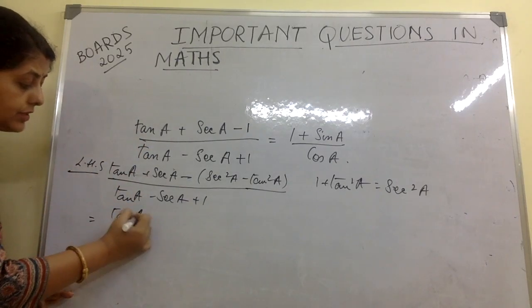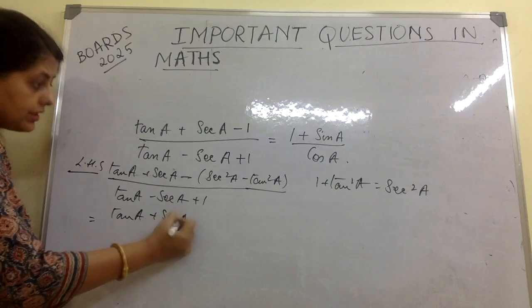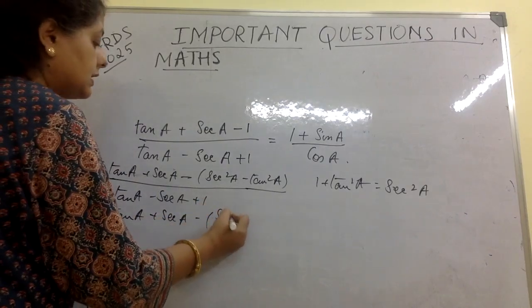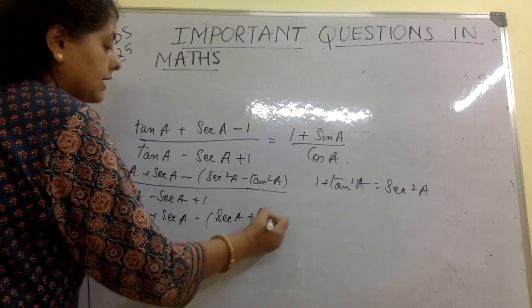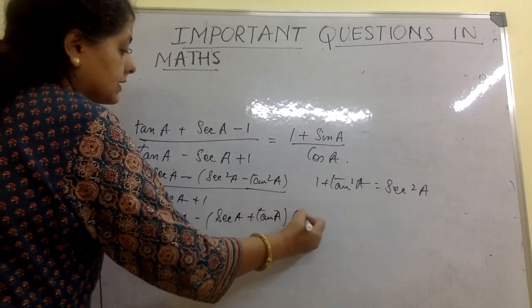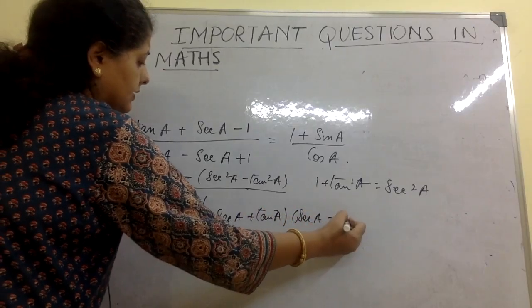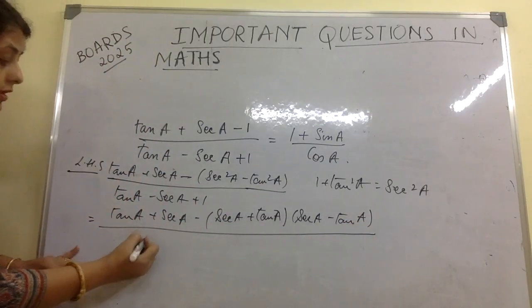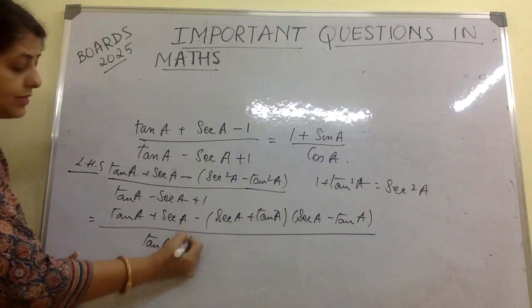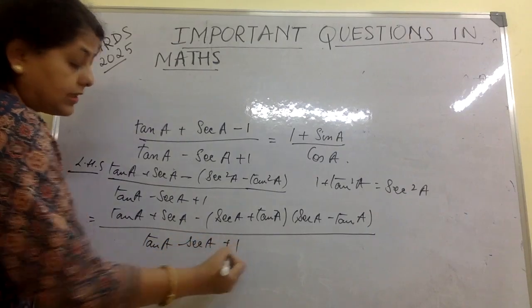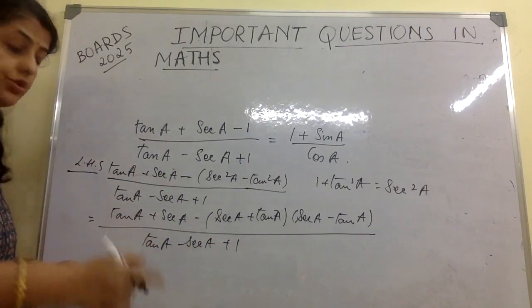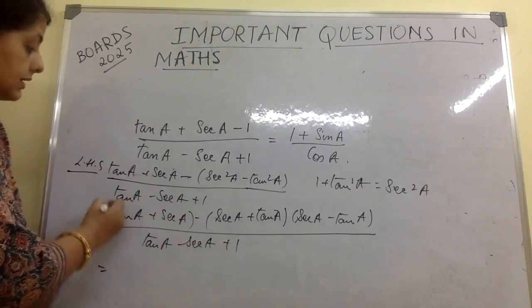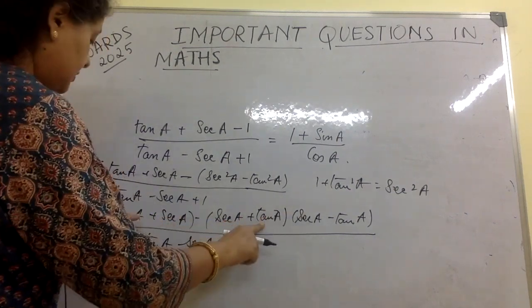Tan A plus sec A, minus (sec A plus tan A)(sec A minus tan A). I have applied the identity over here, and tan A minus sec A plus 1 in the denominator. I repeat, don't touch this denominator.